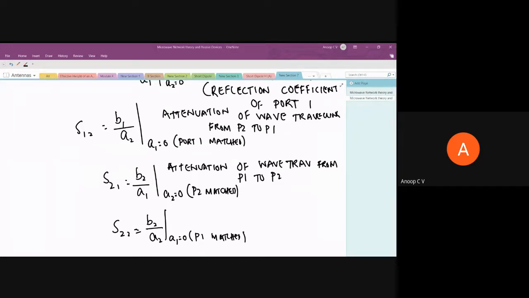If you are giving A2 in port 2, what is it that you are getting as output in port 2? Please do type in whether it is attenuation or reflection. I'll wait till at least one response.